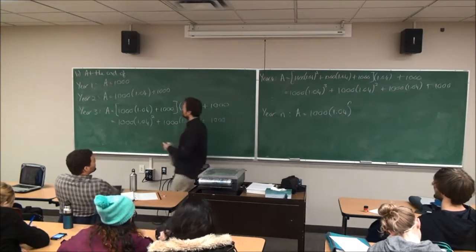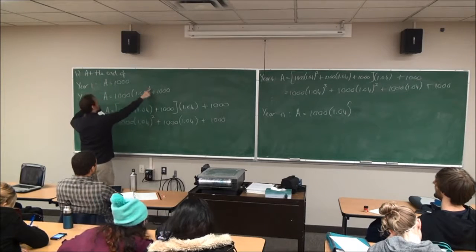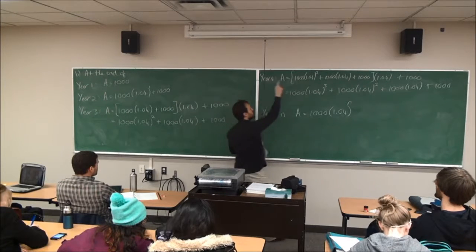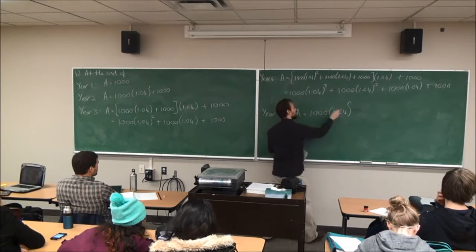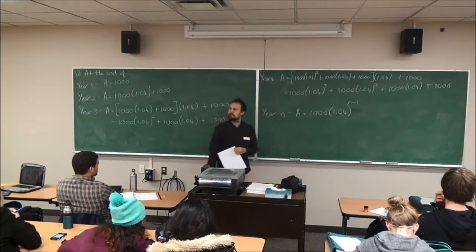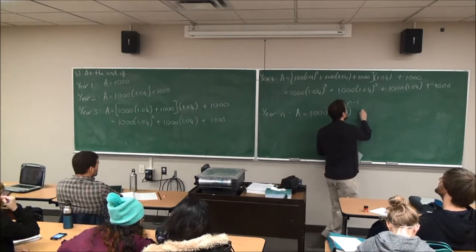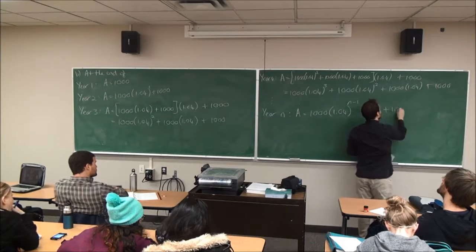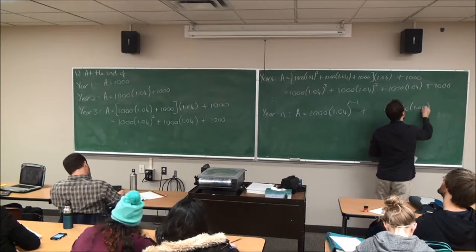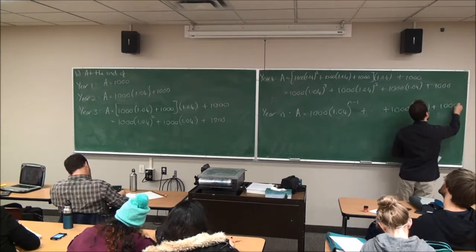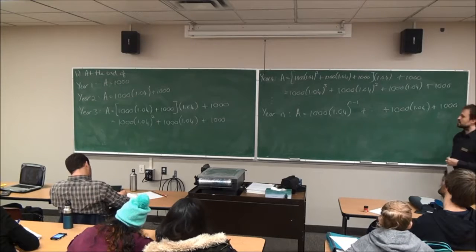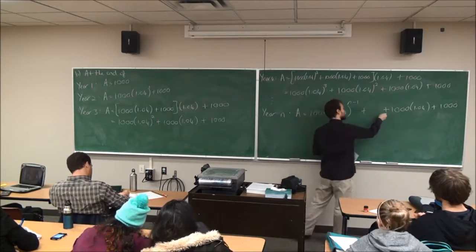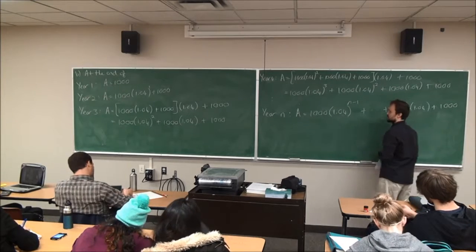The year number, this is a 1. Year number 3, the highest is a 2. Year number 4, the highest is a 3. So year number n, the highest should be n minus 1. That goes all the way down to 1,000. Regardless of how high this number is, I start with n minus 1, go down step by step until I have nothing.